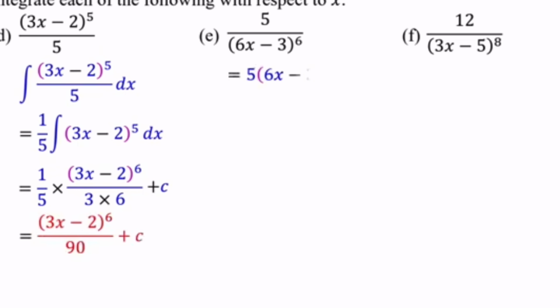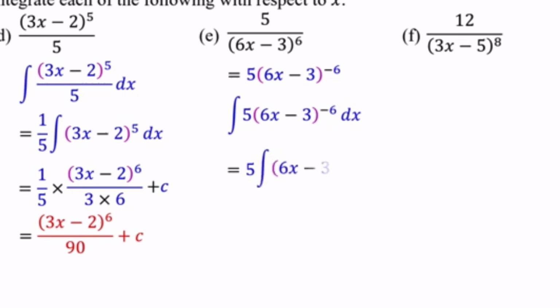Alright, for E and F it's the same: 5 times (6x − 3) to the power of negative 6. You have to bring up the power, it becomes negative 6. So we are going to integrate this one. The 5 we can factorize. And then we integrate (6x − 3) to the power of negative 6. So that means we are going to focus on integrating (6x − 3) to the power of negative 6 dx.